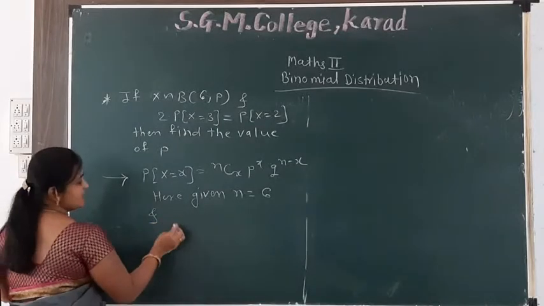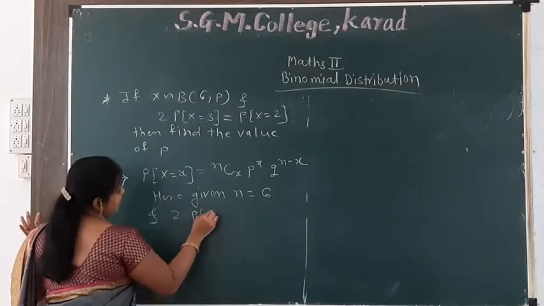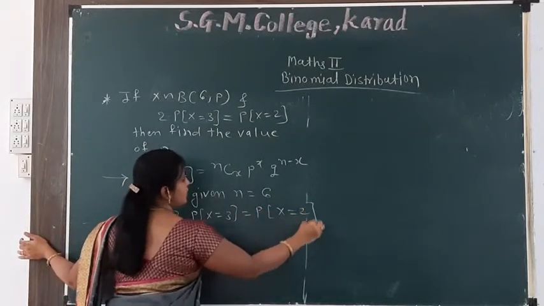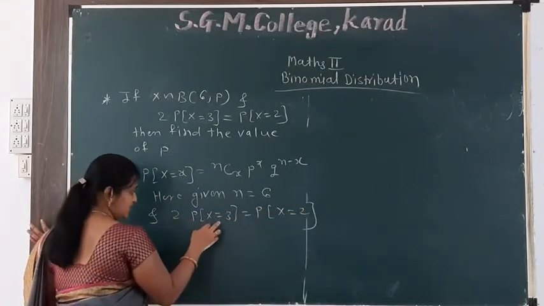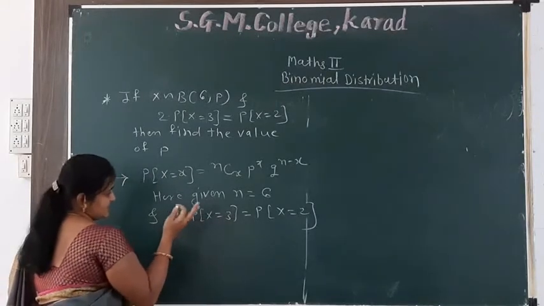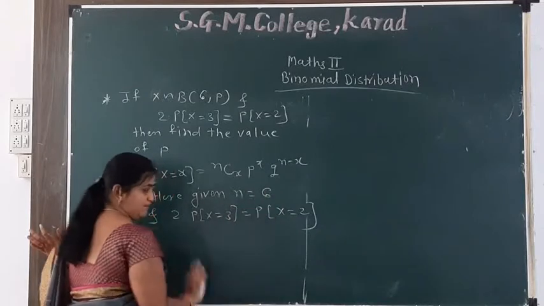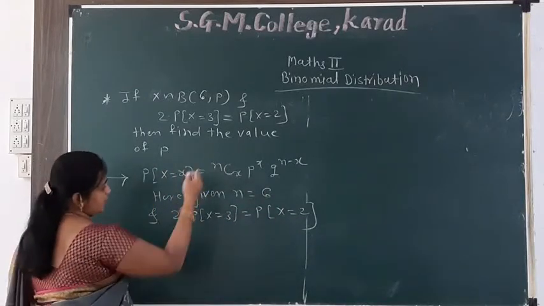And one more thing is given: 2 multiplied by P of X equal to 3 is equal to P of X equal to 2. It means the probability of getting 3 successes is double the probability of getting 2 successes. So we are using this formula here.